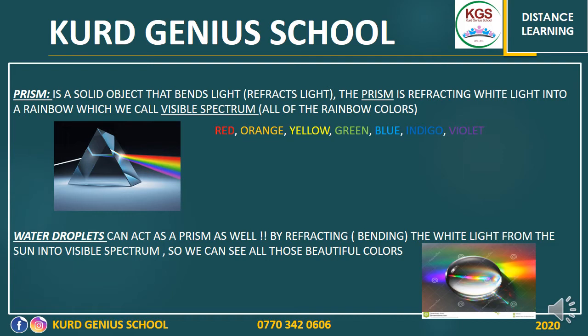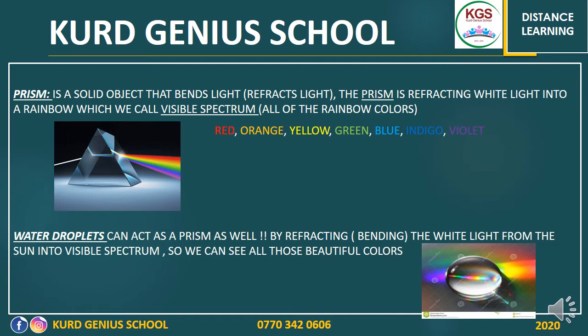This is the main concept of making a rainbow. How is a rainbow formed? How can we see it? Where does it come from? It's because of water droplets. The same idea: water droplets can act as a prism as well, by refracting or bending the white light from the sun into the visible spectrum, so we can see all those beautiful colors.